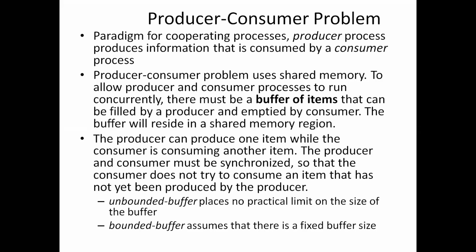As an example for this producer consumer, a compiler produces assembly code, which is consumed by the assembler. The assembler in turn produces object modules, which will be consumed by the loaders. Here the compiler is the producer which produces the assembly code.